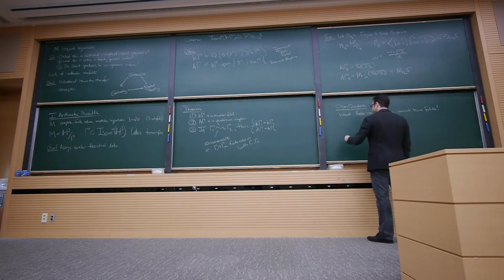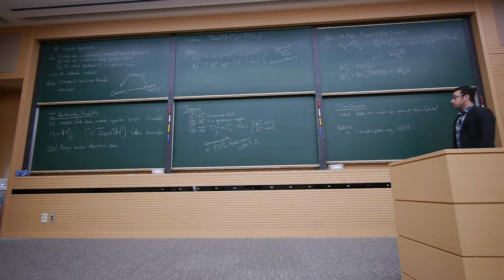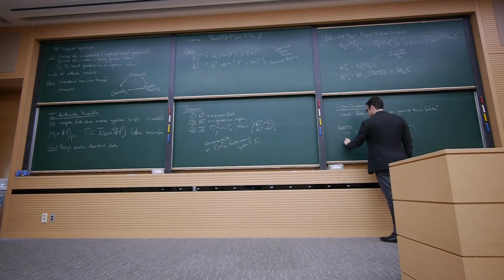So what's known is, for sure, you can get things like K with just one complex place. I'll talk to you about what this means in a moment. But specifically, as an example, imaginary quadratic extensions. So if you have one complex place, these can arise, and we'll see how shortly.